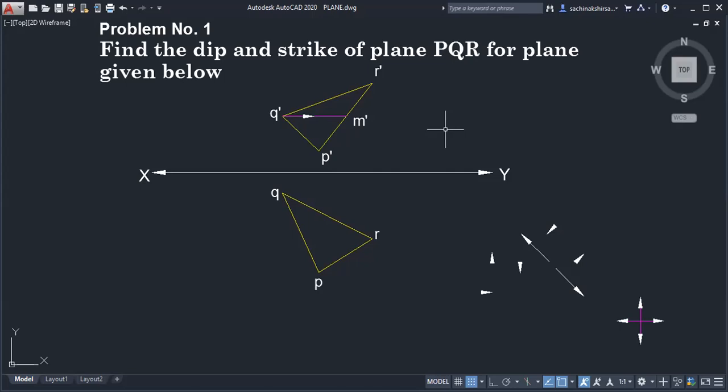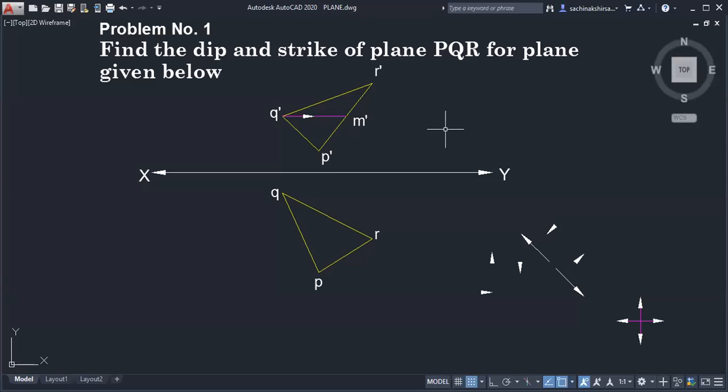Vertically downward. On which line is this M point lying? In front view, it is lying on the line P dash R dash. The same point will be lying on the PR line in top view.